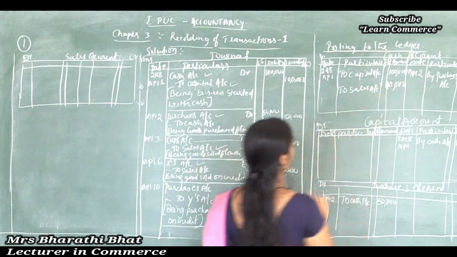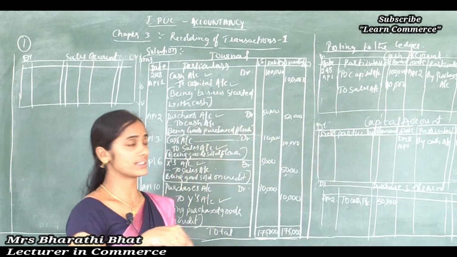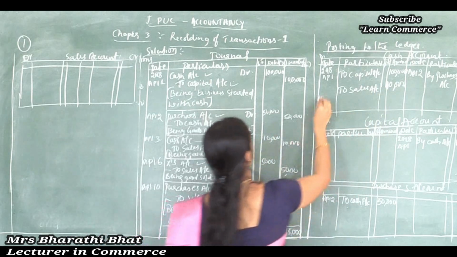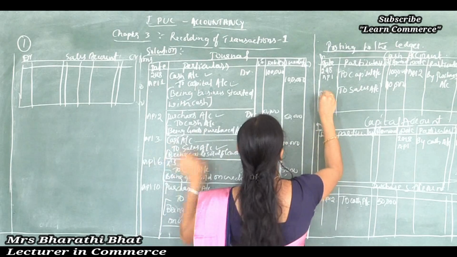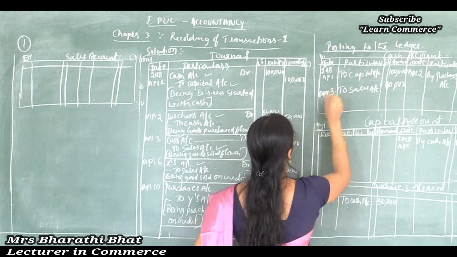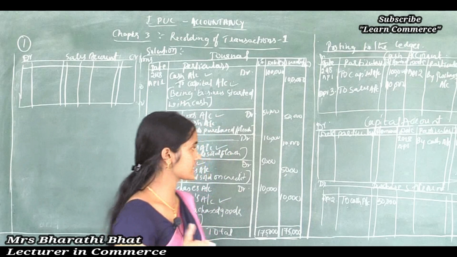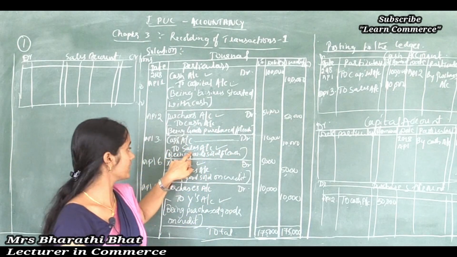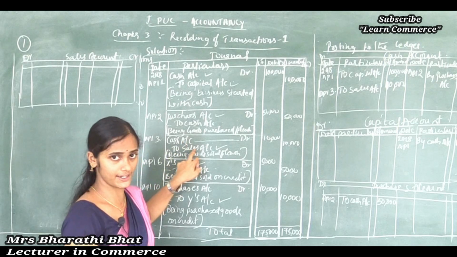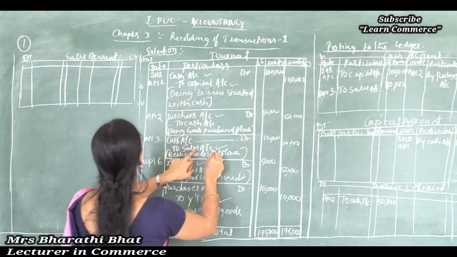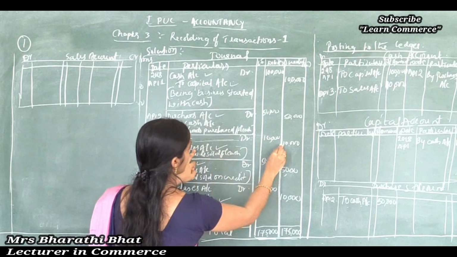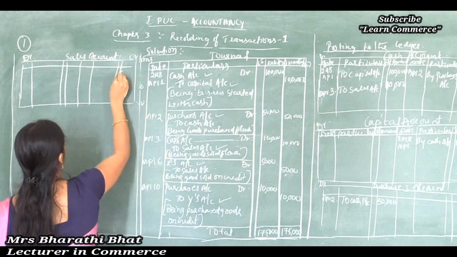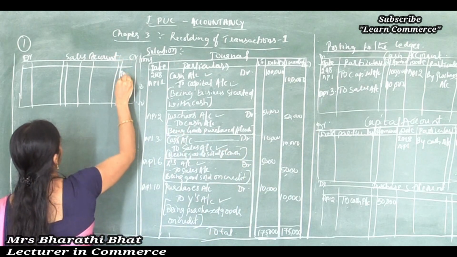We cannot write cash within the cash account. So the next step is April 3, to sales account. And the next step is how we can record the cash in the sales account. We are preparing the sales account, and the sales account shows credited, so record 10,000.